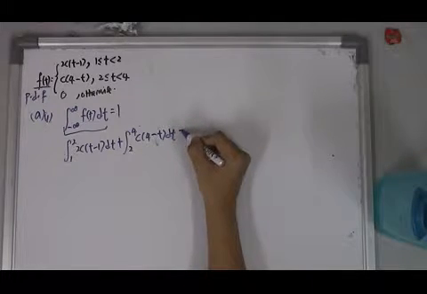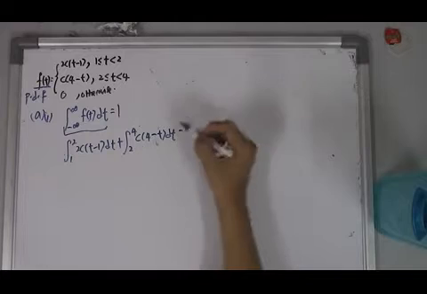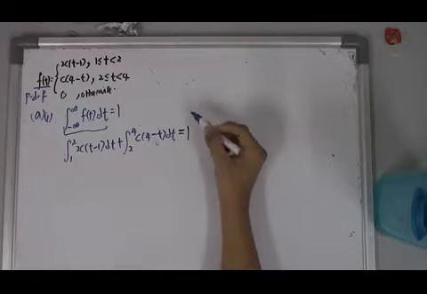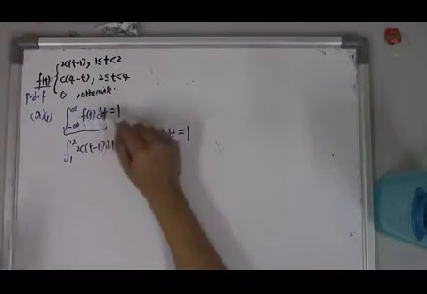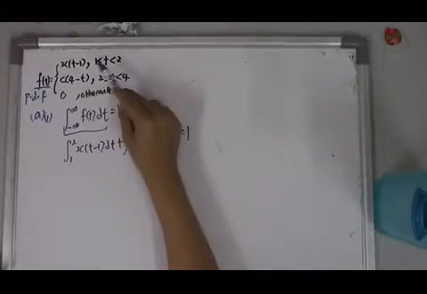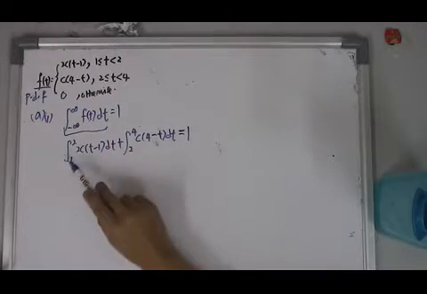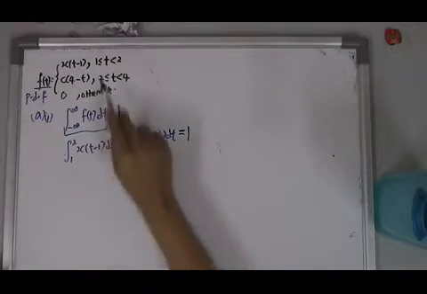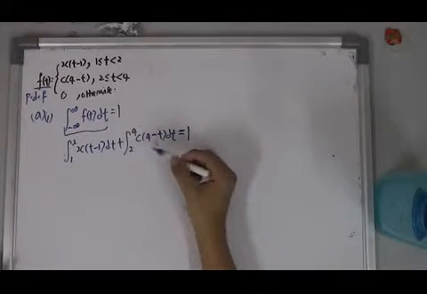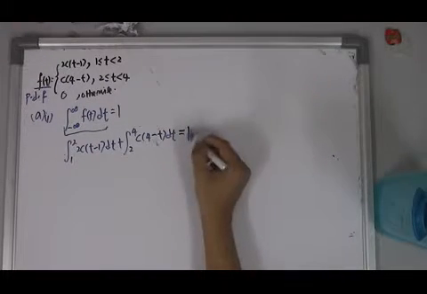The otherwise part is 0, so it doesn't matter. Everything must equal 1. The negative infinity to infinity covers all the intervals belonging to f(t), which here are 1 to 2 and 2 to 4.